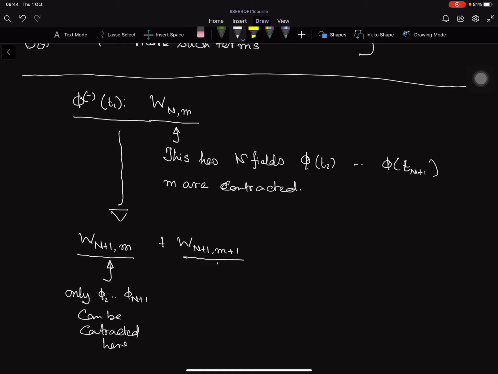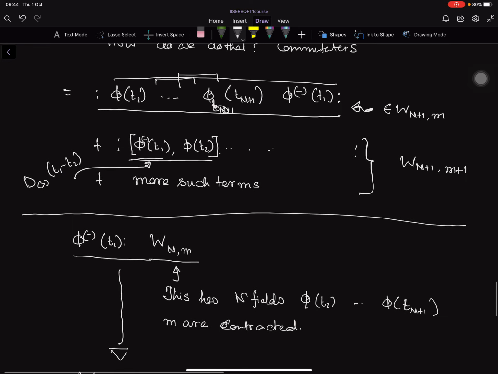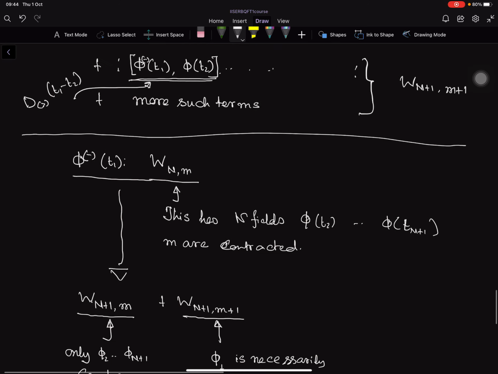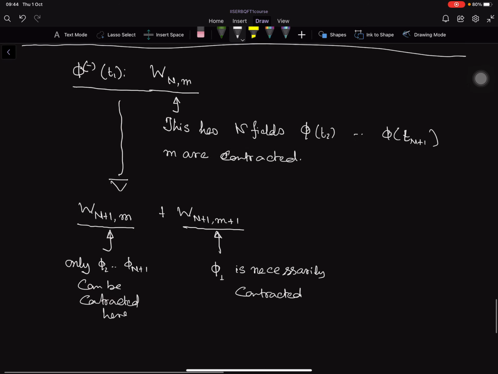And in this one, though there is n plus 1, here phi 1 is necessarily contracted, because we saw that this is commutative.